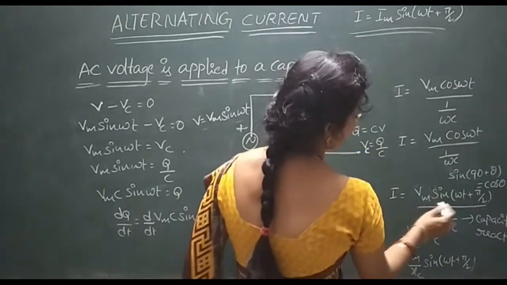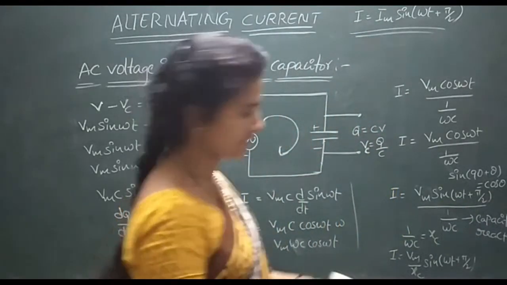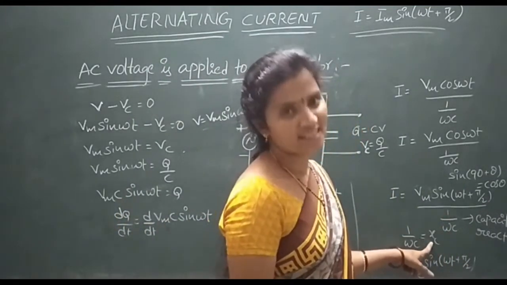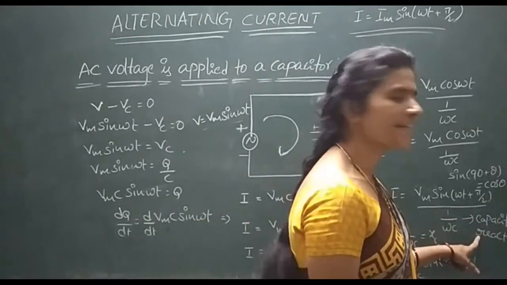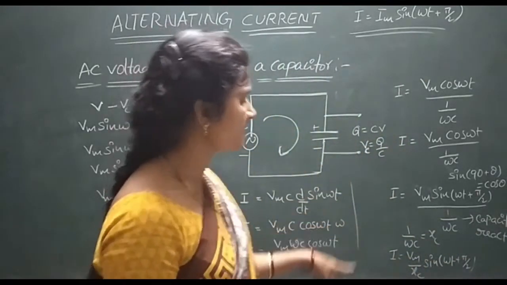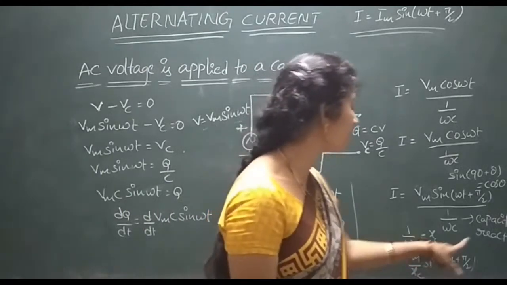So here I is Vm sin(omega t plus pi by 2) by 1 by omega C. Here 1 by omega C is nothing but XC, where XC is known as capacitive reactance. This is a type of resistance which is offered by the capacitor.